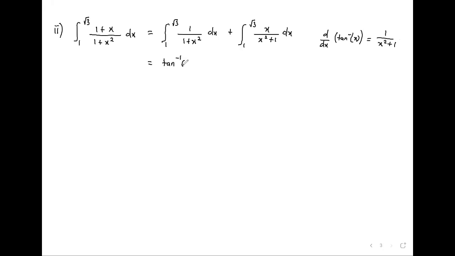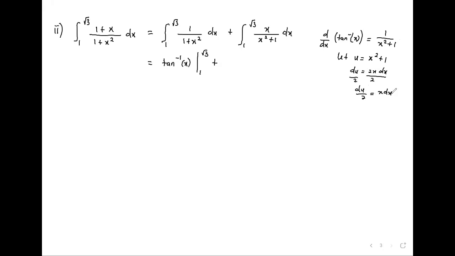tan inverse of x, evaluated from 1 to root 3, and then plus the second part, we let u be x squared plus 1, and then differentiate it to be 2x dx. And then divide by 2, to have du over 2 equal to x dx.